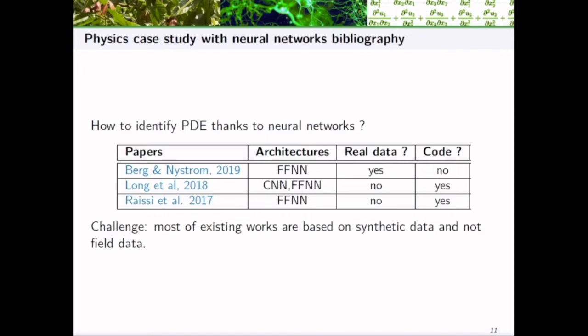Most of the time data are simulated. And for newbies like us, the availability and the legibility of the code is also a criterion for choosing a method rather than another. All the approaches detailed in these 3 papers have their specificity, but they all follow a standard workflow that we are going to detail in the next slide.